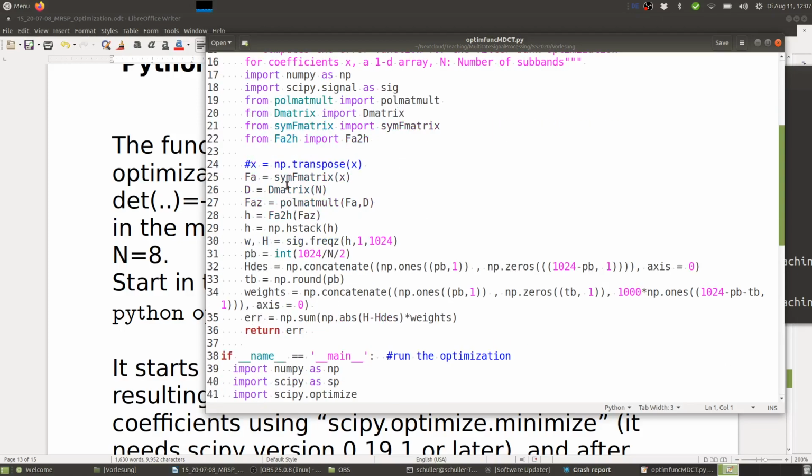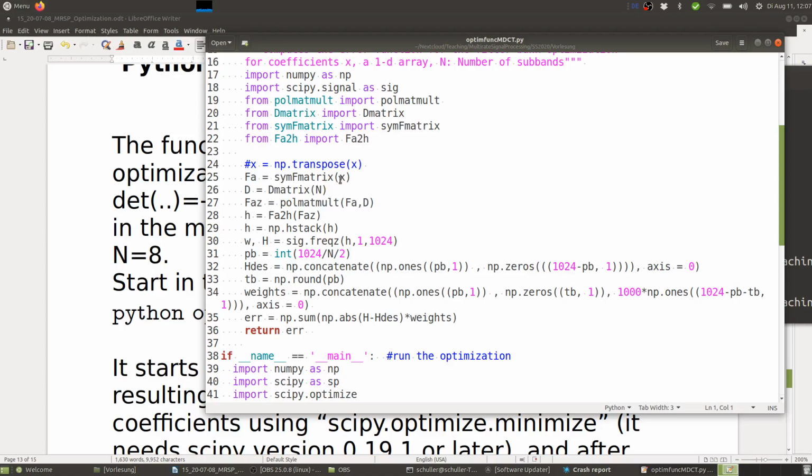Yeah, and here I compute now the polyphase matrix. Here first FA, then here the delay matrix. Here I'm multiplying the FA matrix with the delay matrix, and then I'm extracting the H matrix. So this is actually an MDCT type matrix where we just have the FA.